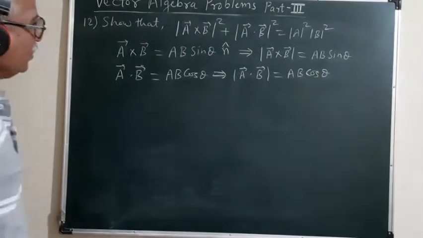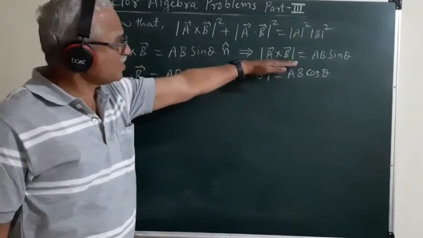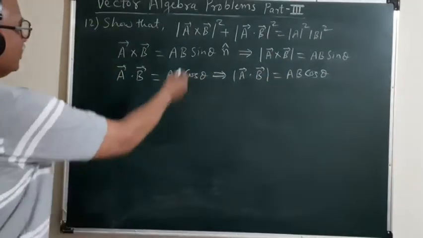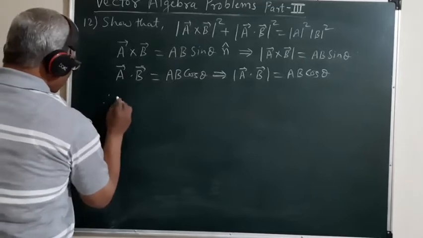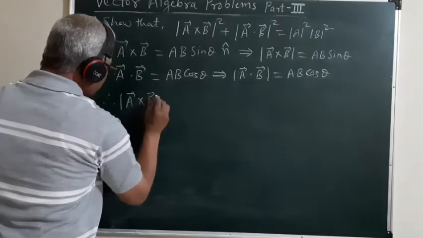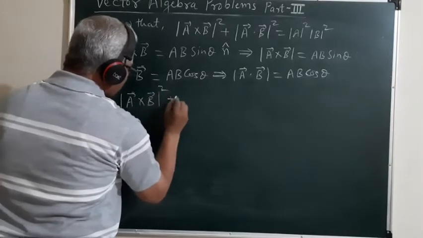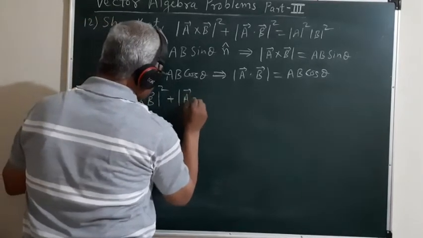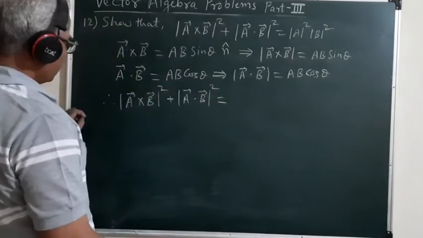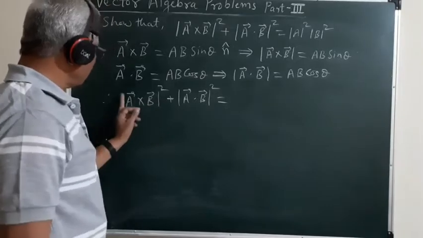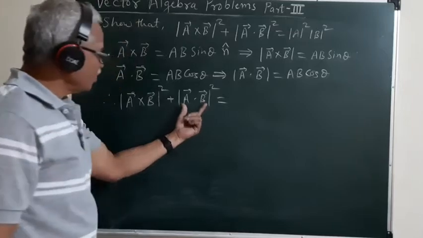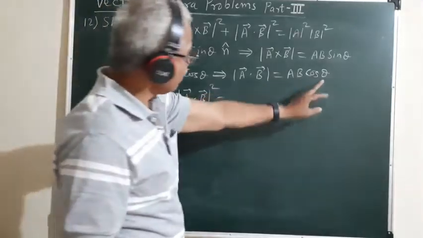So, using these expressions for modulus of a bar cross b bar and modulus of a bar dot b bar, we get, modulus of a bar cross b bar square plus modulus of a bar dot b bar square is equal to, we replace the value of modulus of a bar cross b bar by ab sin theta and modulus of a bar dot b bar by ab cos theta.